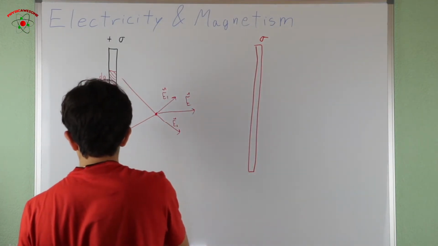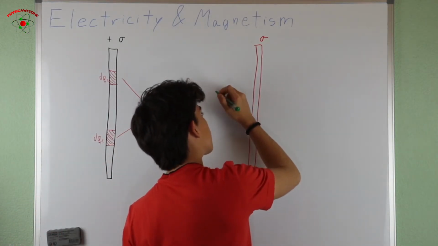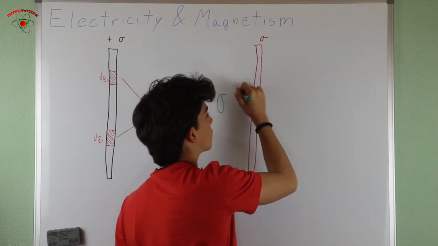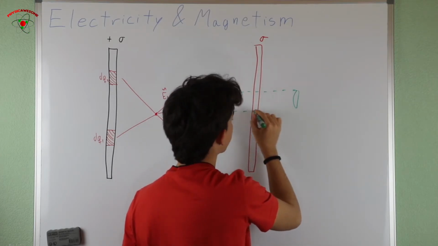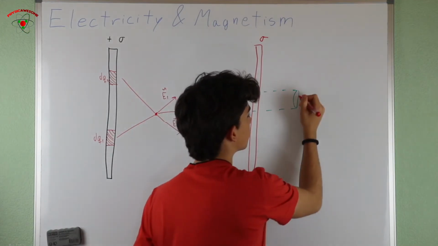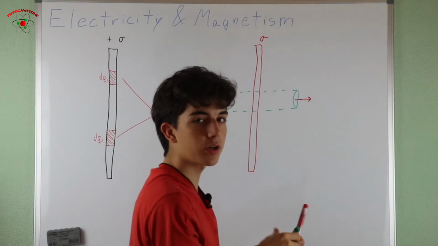Now we're going to define our Gaussian surface, and I'll draw it in green. We're going to do a cylinder this time, but we could do a box or whatever. And we know we're going to have an electric field over here and an electric field over here, pointing in opposite directions.